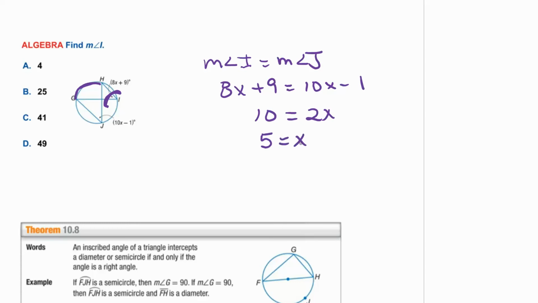I got that x equals 5. Plug it back into either equation because they're equal to each other. We have that the measure of angle I is 49 degrees.